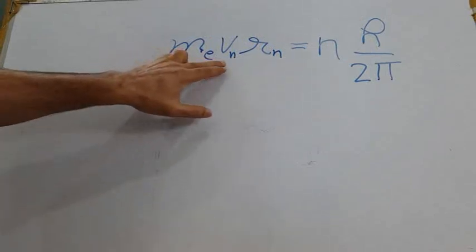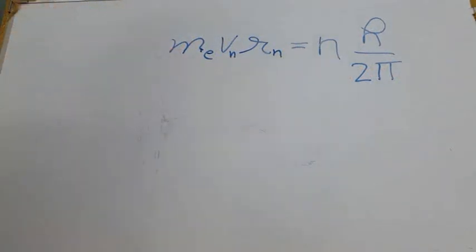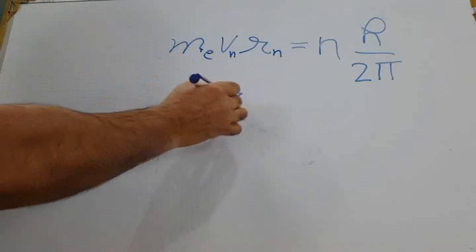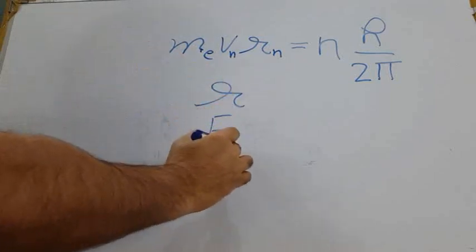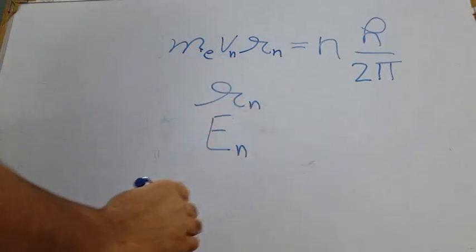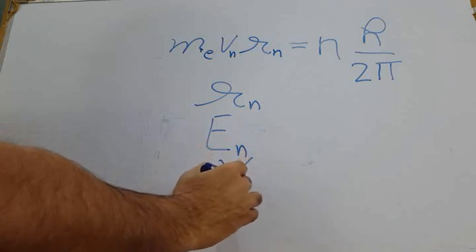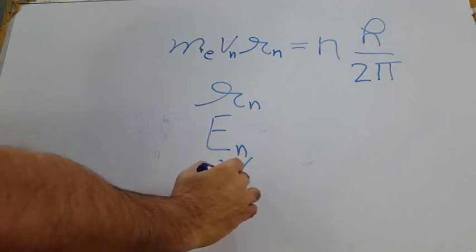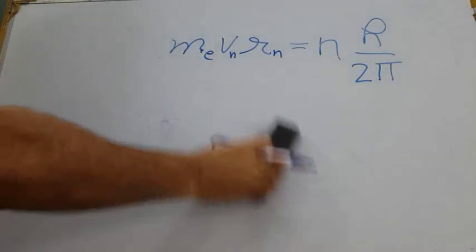From this relation, we can find out the energy of any orbit, R of any orbit, and also the velocity of the electron in any orbit. How? Let us go ahead.